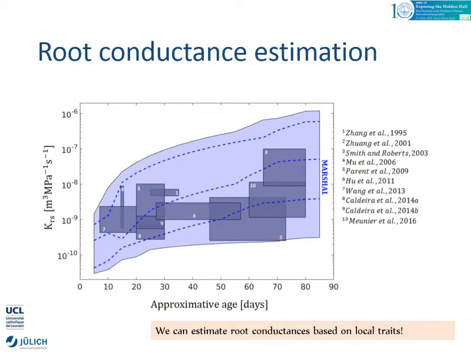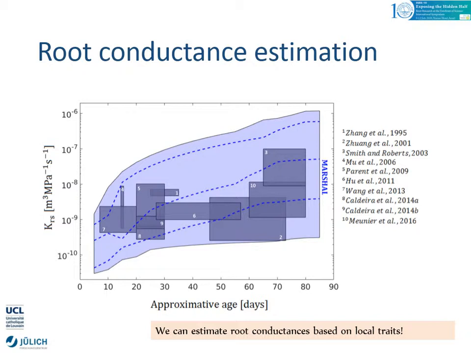Okay, this was only modeling compared with modeling, so I know that it's highly criticizable. But here what we did is compare the values that we got of the root system conductivity with a literature review. So each box here represents values of the system conductance found in the literature. And this big gray envelope represents the phenotypic domain.